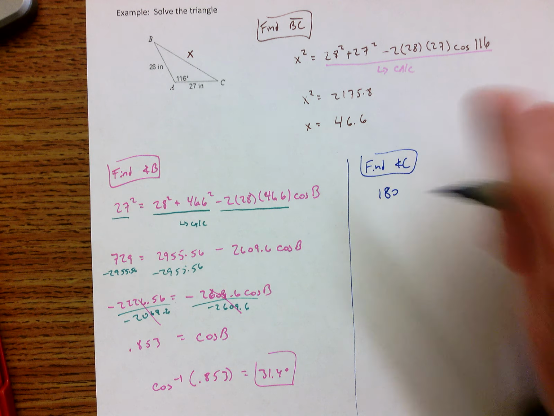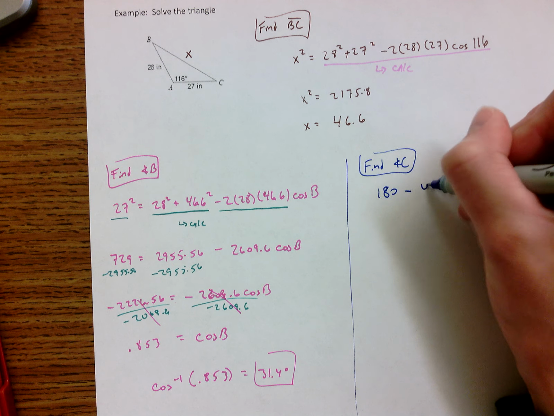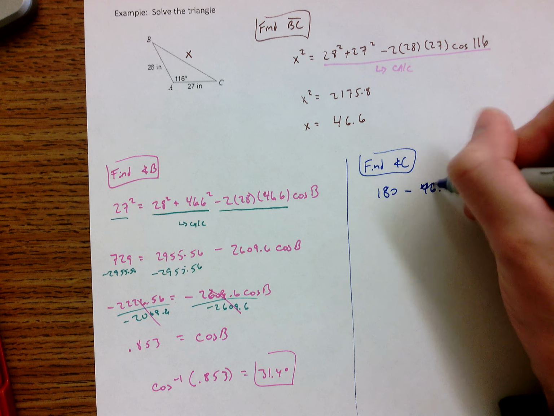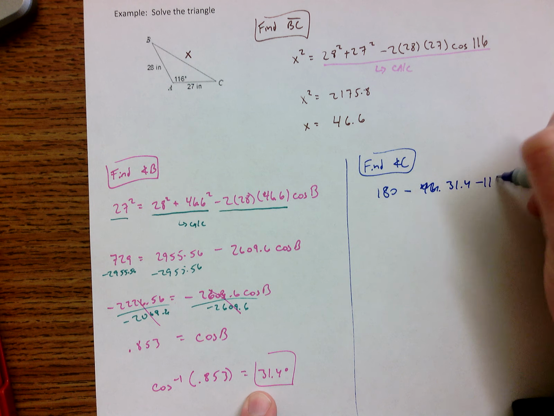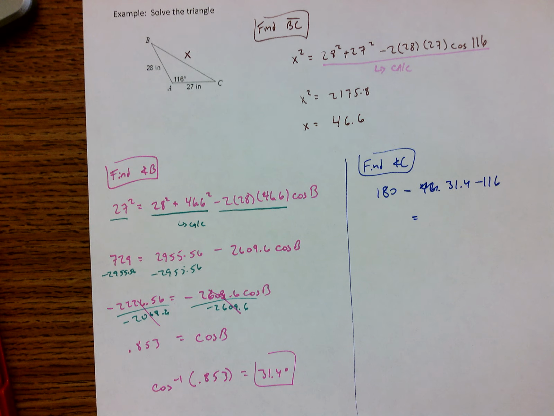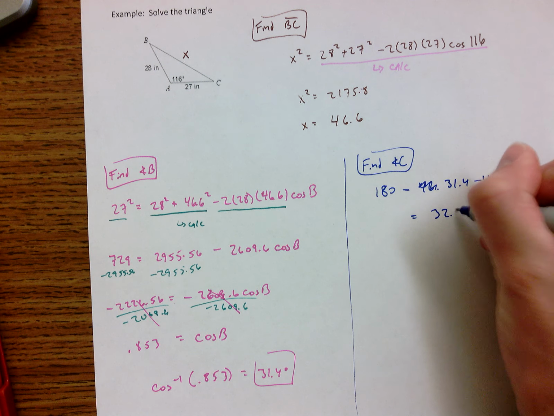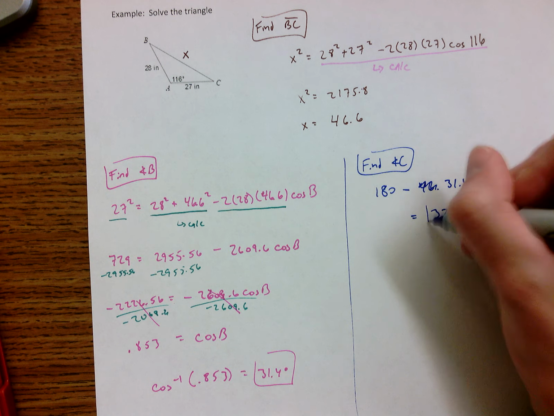All triangles add up to 180 degrees, so I can subtract the 31.4, the angle that we found over here, and the 116, and when I calculate that, that works out to about 32.6 degrees. So there's angle C.